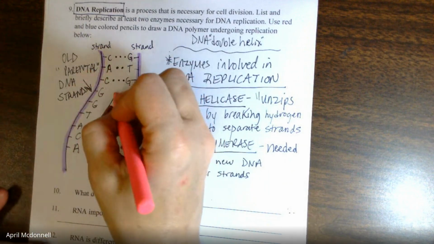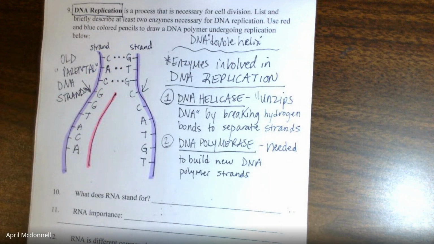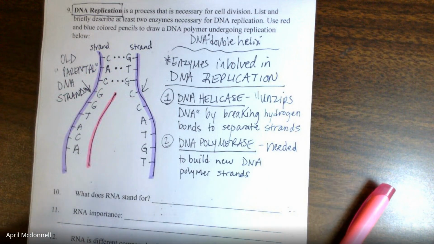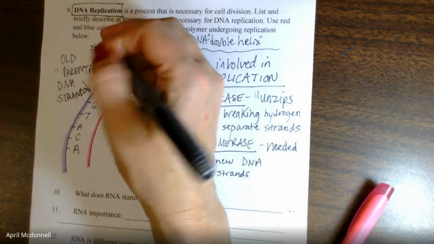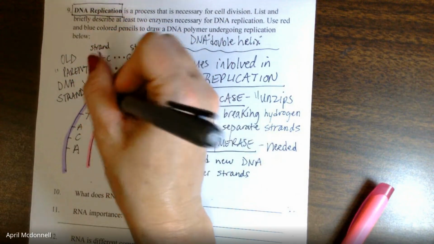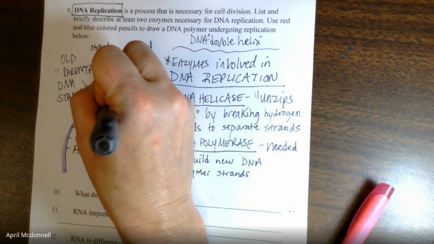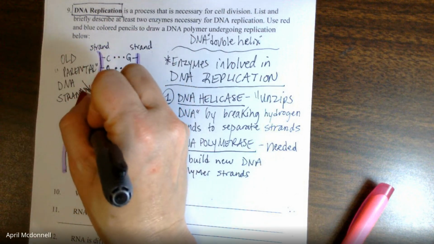I'm going to use the pink highlighter in order to show you a brand new DNA strand that is built based off of the original sequence from the parental strand. Oops.